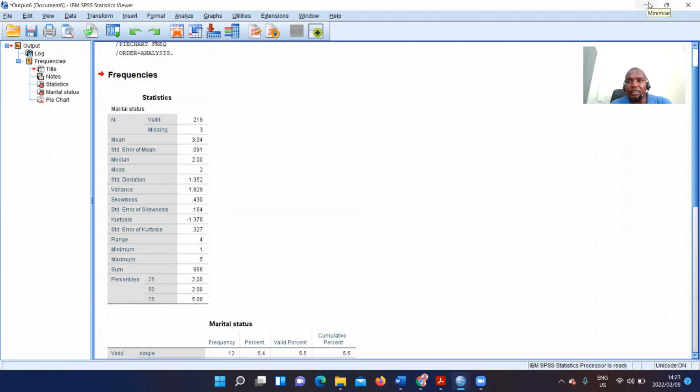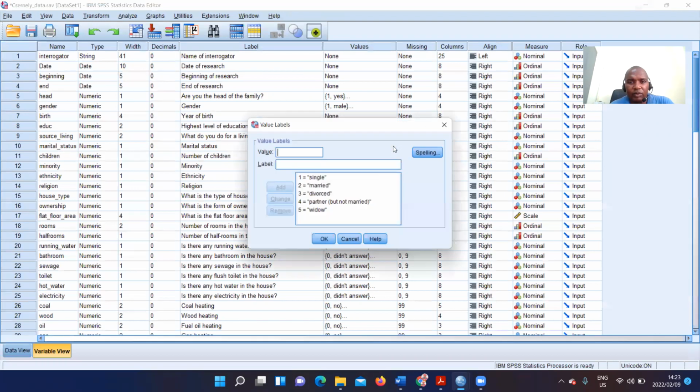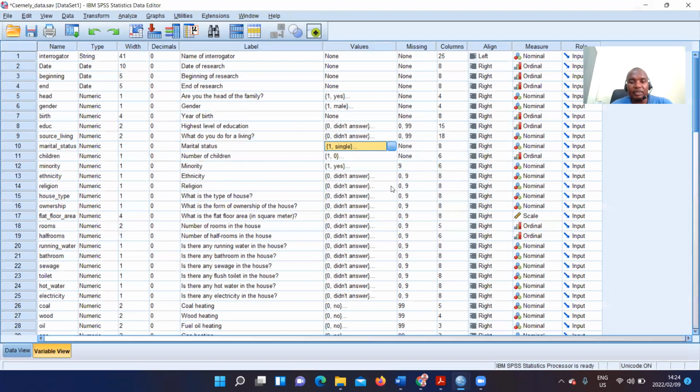We want to check in our questionnaire what 3 represents in terms of marital status. What 3 represents is divorced. The arithmetic mean is divorced. We know divorced is closer to married, which is the class with the highest frequency.